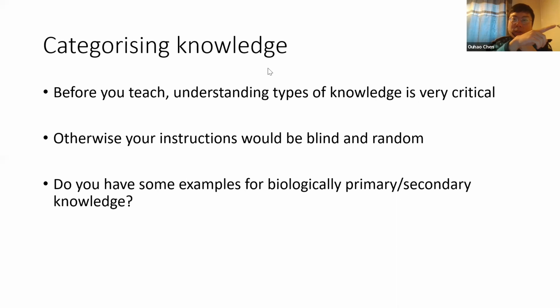We use a finger to trace something, which will lead to better learning than without tracing. So this research shows we are using biological primary knowledge to support our biological secondary learning. So you are correct, the biological primary knowledge will affect the biological secondary knowledge.